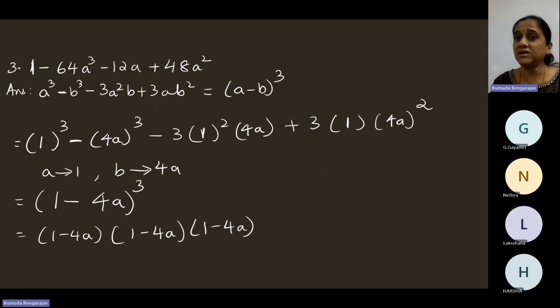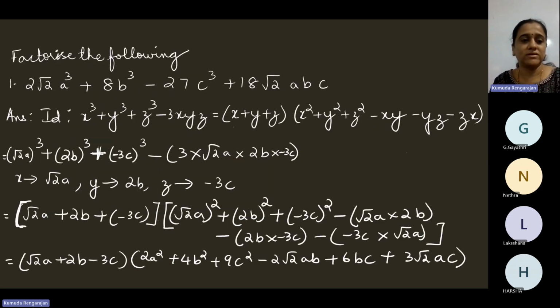There is another identity with 4 terms and 3 perfect cubes. That is the first one. Don't see the factors, see this side of the identity: 1, 2, 3, 4 terms and 3 perfect cubes.